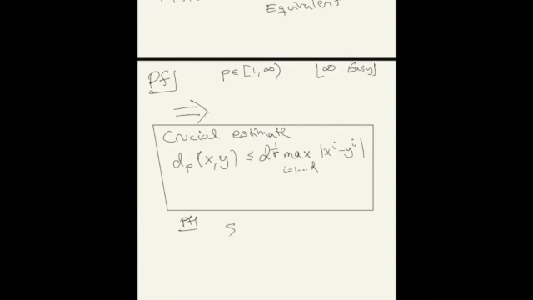The left-hand side is equal to the sum over i equals 1 to d of |x_i - y_i| to the power p, all to the power 1 over p. Well, each of these components is less than its maximum, so this is less than the sum over i equals 1 through d of the maximum of |x_i - y_i|, to the power p, and then to the power 1 over p.